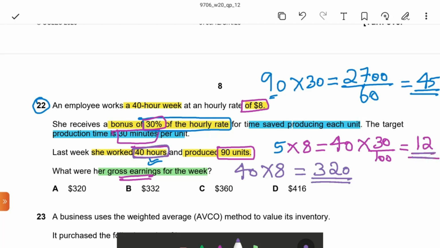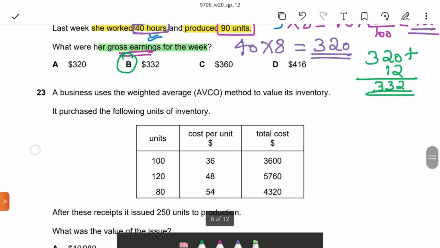So the total is 320 plus 12, 332. So what is the correct option? Option B is the correct answer. Next.